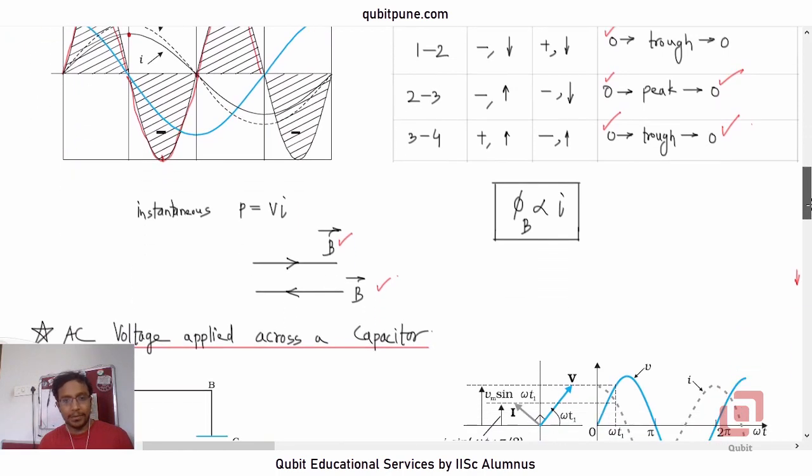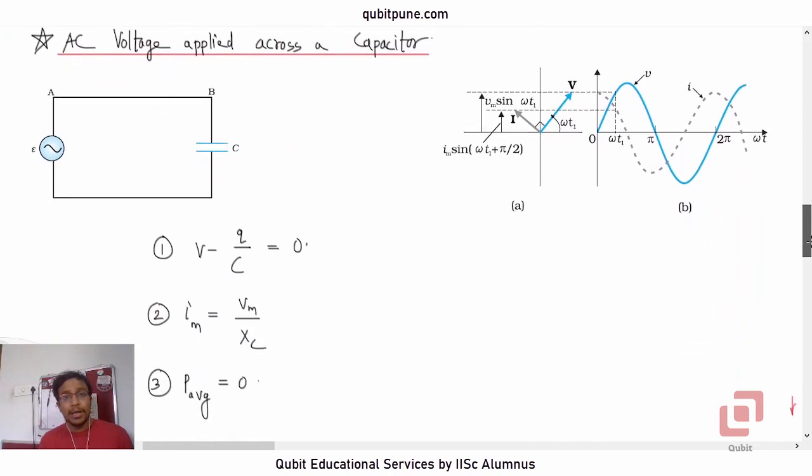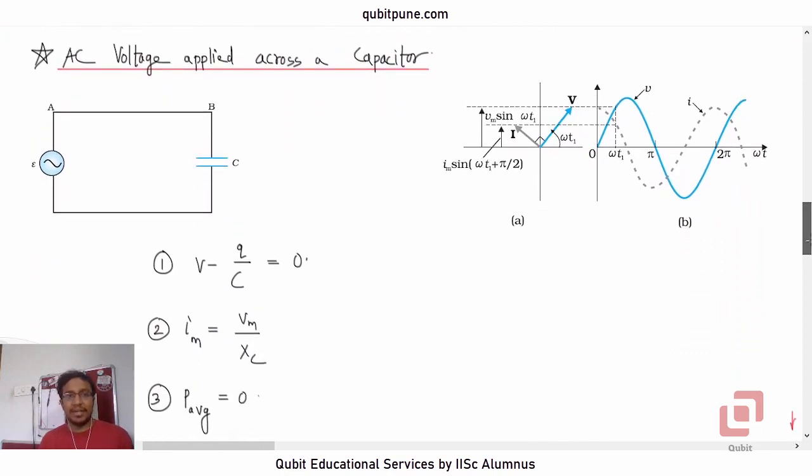Okay. Now let us go to AC voltage applied across a capacitor. In this case, we are going to again use loop rule, and also an important relationship which we studied in the second chapter. Right? What was that?